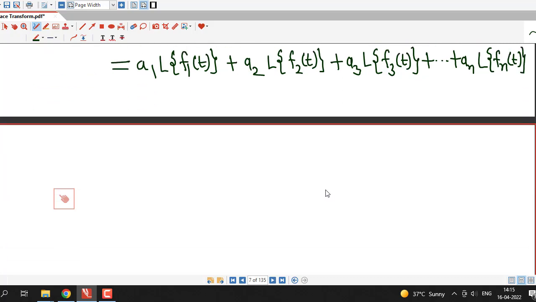So this linearity property is helpful in finding the Laplace transform of a linear combination of some functions.